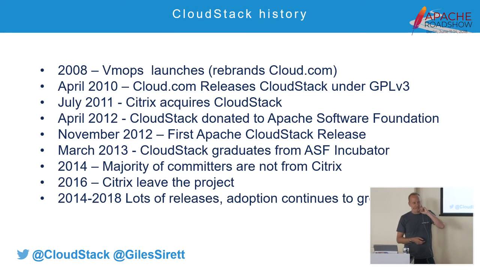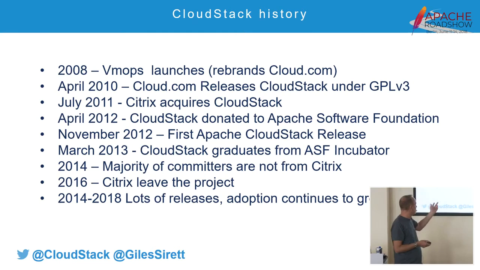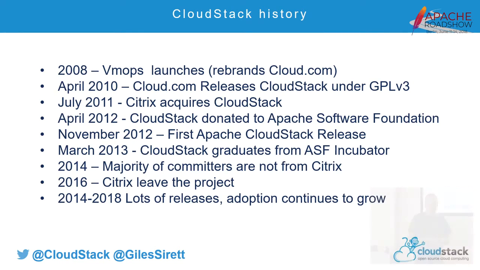In terms of its history, as of today, CloudStack is an Apache project, and it has been a top-level project since 2013. Its history is quite interesting because it came originally from a Silicon Valley startup called VMOps, and they were called Cloud.com.